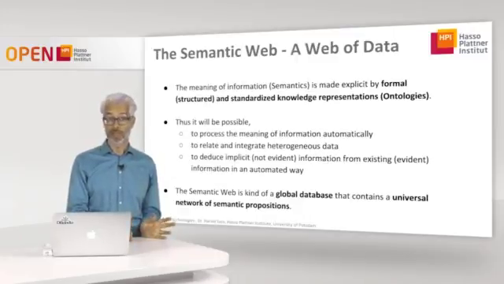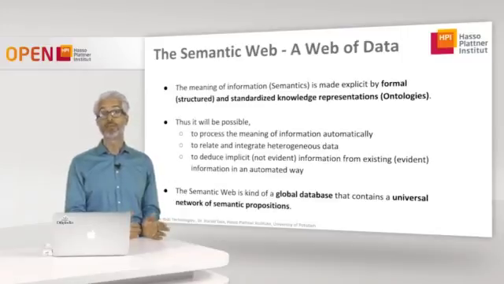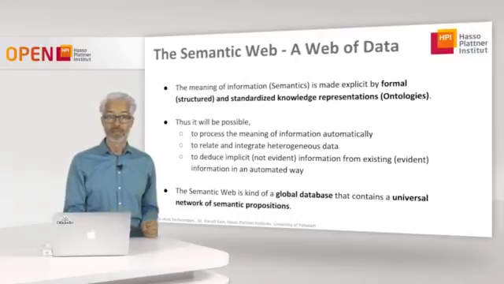It's not only data, it's really propositions. And the nice thing is, with the help of this knowledge in this global database, you can deduce previously not known, implicit knowledge. So you can generate new knowledge from it. And this, of course, is a very nice thing, and it should give really great opportunities.